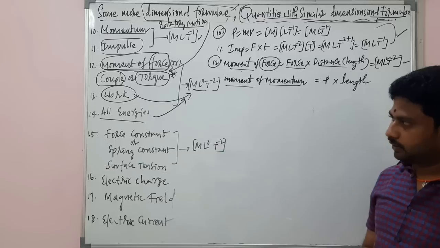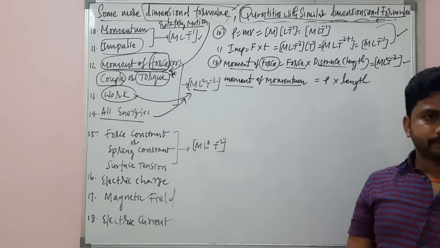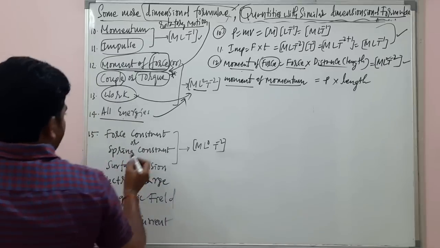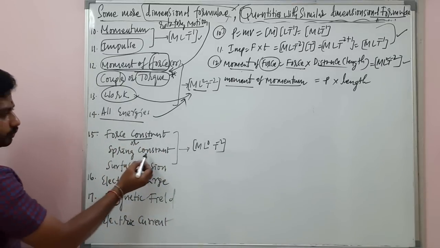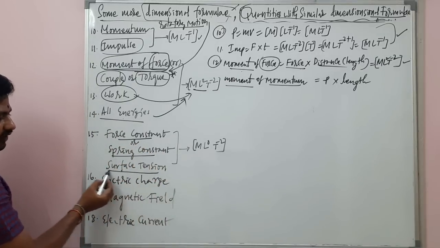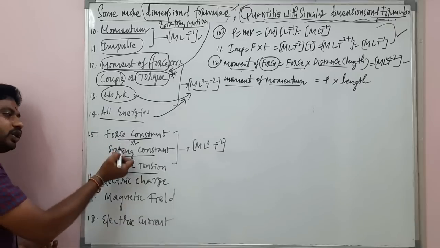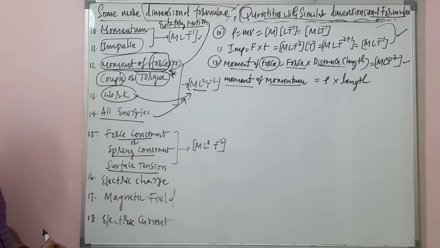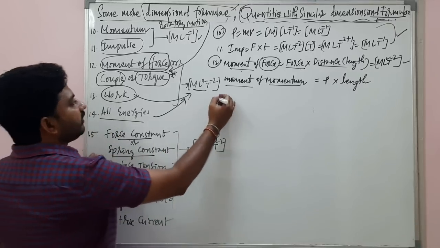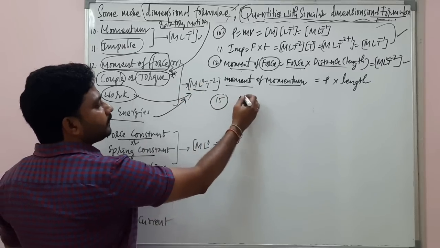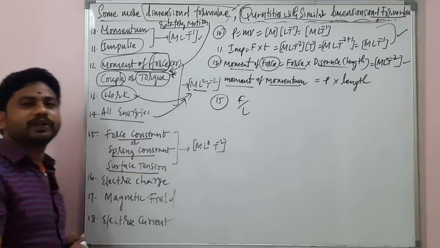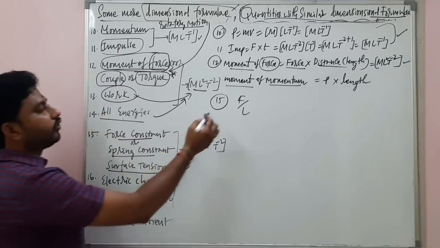Clear? Let's see the 15th one: force constant or spring constant or surface tension. Whatever it may be, the 15th one I am talking about, its formula will be force per unit length.